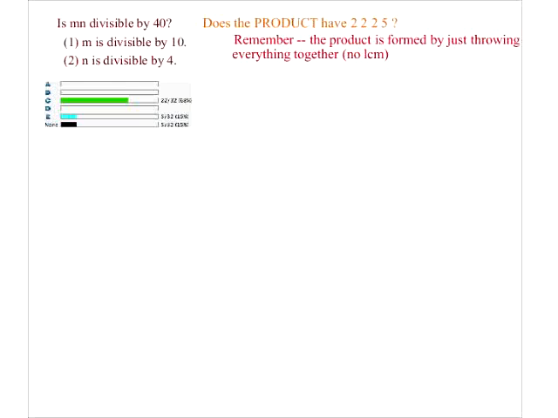So statement 1 and statement 2 are still insufficient for the reasons that we've talked about before. But if you have these together, then M contains in its box a 2 and a 5, and then a bunch of question marks. And then N contains a 2, and a bunch of question marks.